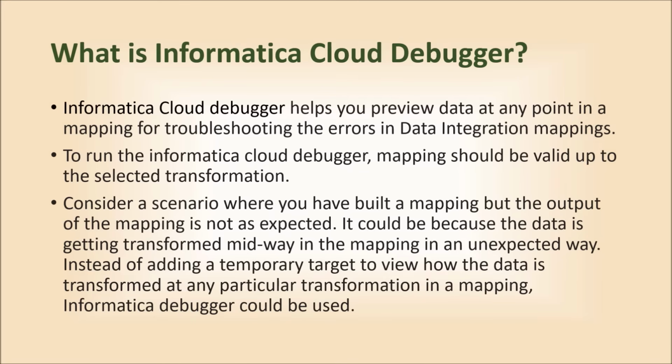The mapping is running, but my logic is incorrect somewhere, and I'm unable to find it by looking at the mapping logic. I want to check a data preview so that I can understand where my transformation logic is incorrect.